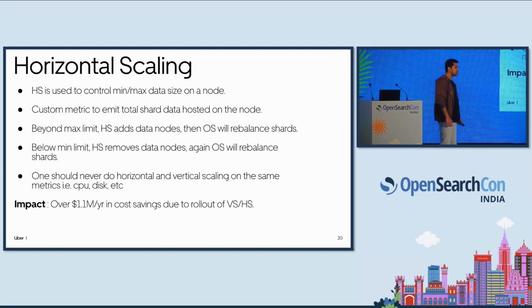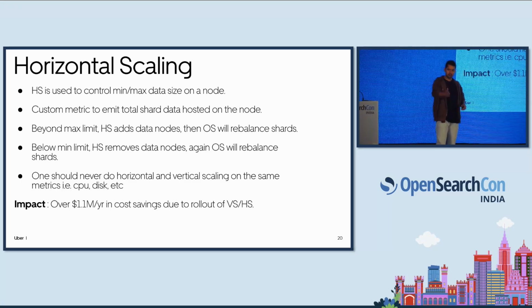Similar to vertical scaling, we also have horizontal scaling. Again, for us, horizontal scaling actually happens on disk, which means that for every node, we define a minimum and a maximum data size. Below the minimum data size of a node, we would try to remove a node and let OpenSearch rebalance its shards.